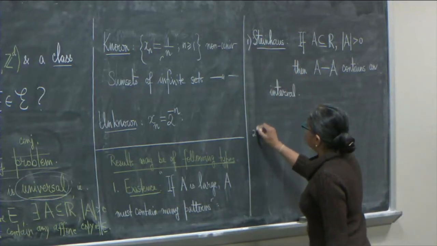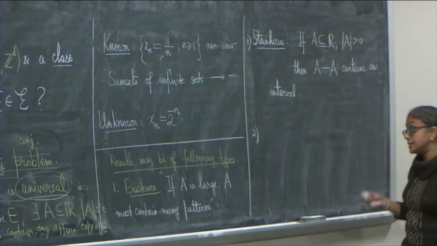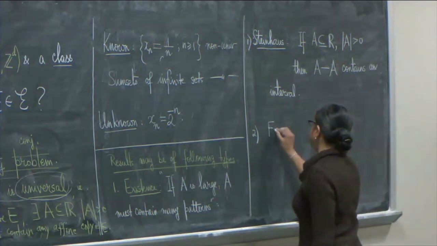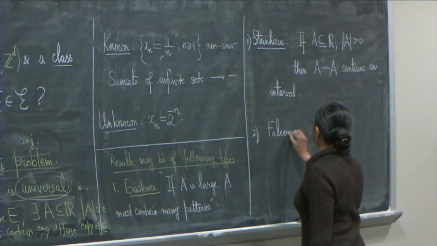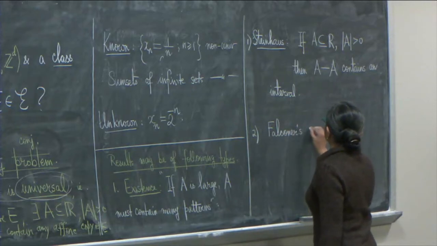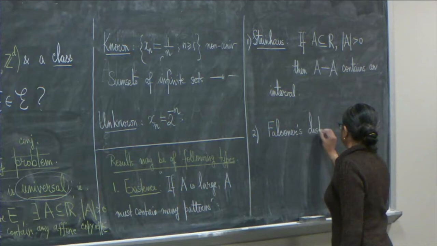Almost the next result that comes to mind is now a well-known open conjecture with many attempts to crack it. It's called Falconer's distance set problem.